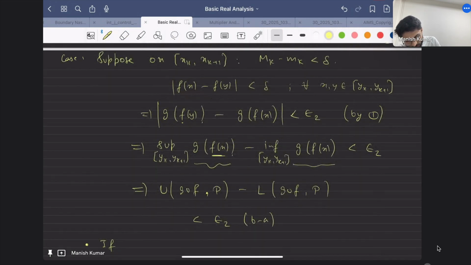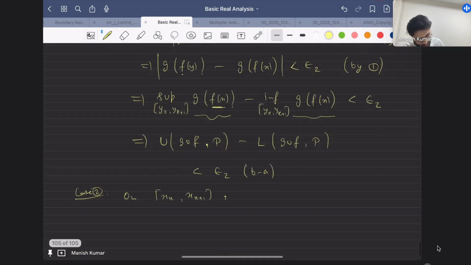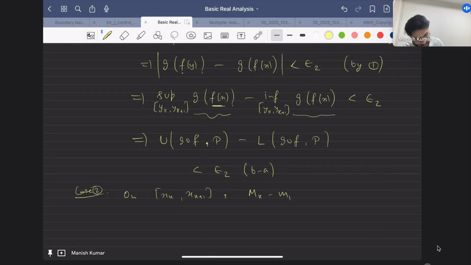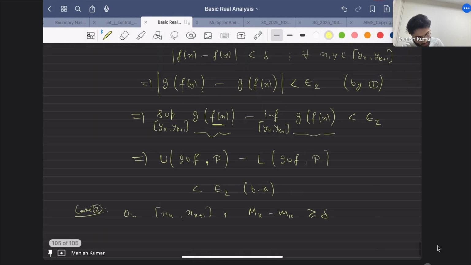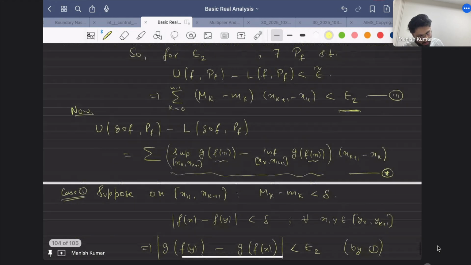Let me think. Case 2 would be that on x_k to x_{k+1}, this M_k minus m_k is greater than or equal to delta. Okay, then what will you do? Now you know that this thing is very small, so somehow you have to say that such a scenario cannot be possible for infinitely many.